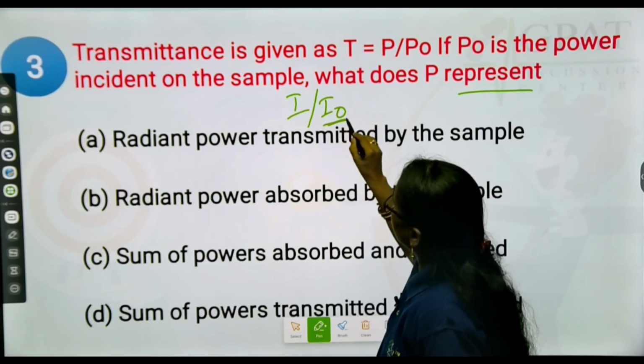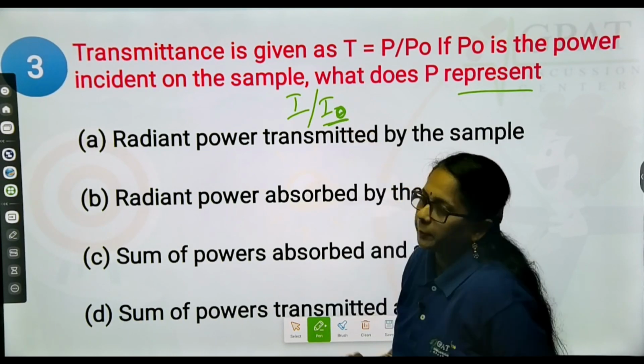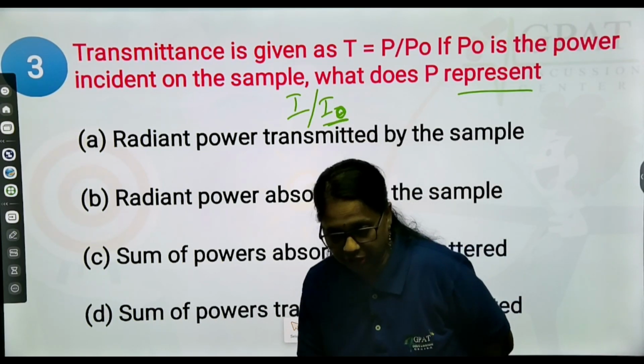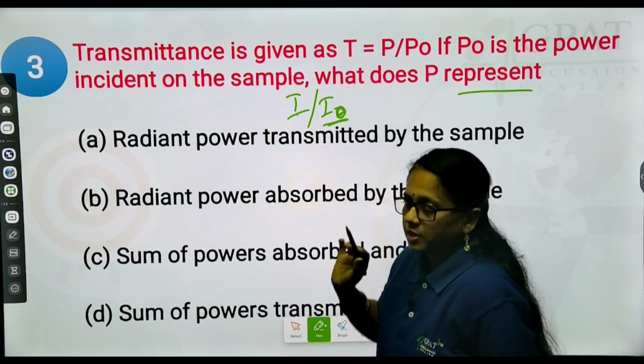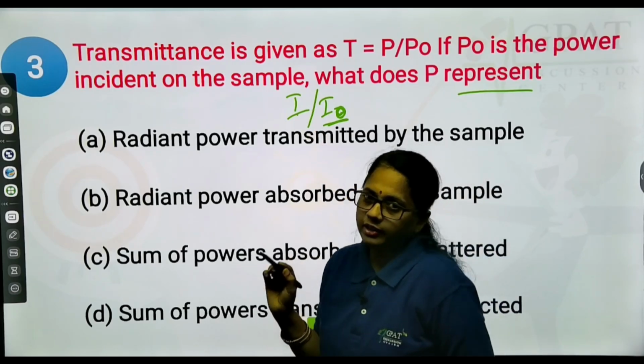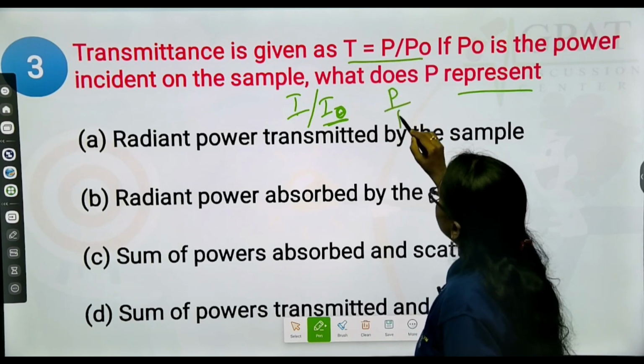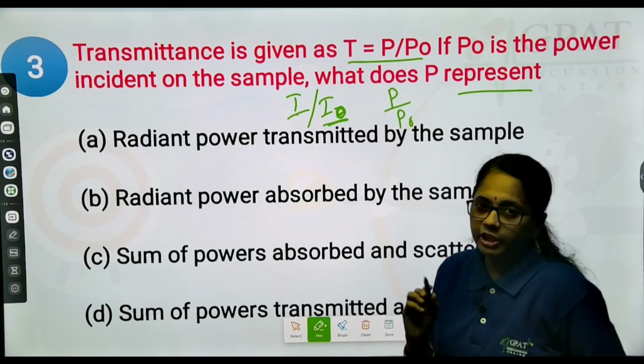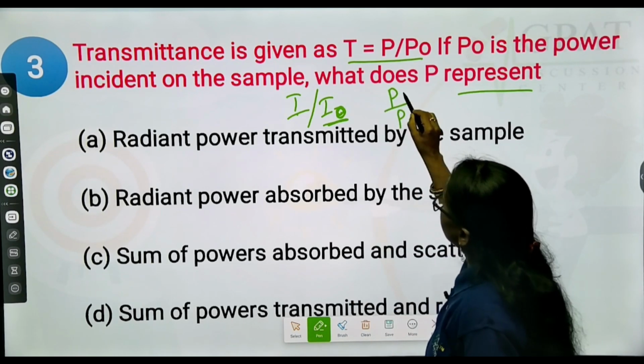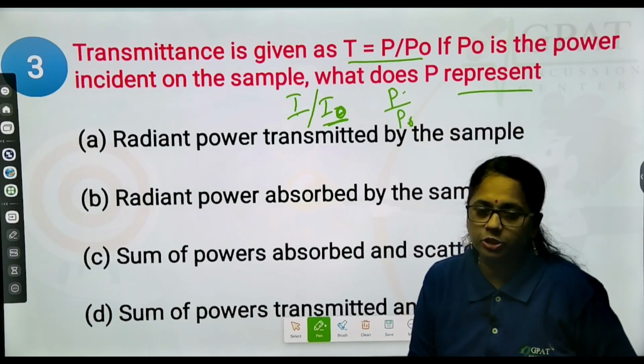So this zero always represents the incident light radiation, and simple I means the transmitted light radiation. Similarly here also, P by P naught means P naught is the power related to the incident light, and normal P is related to the transmitted light.